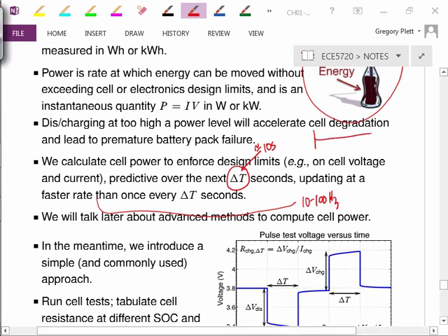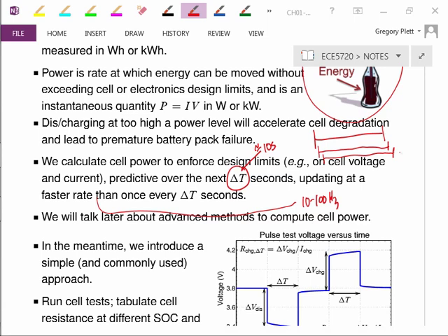So I'm predicting for this long period, and then I'm updating my prediction overlap and so forth. And the idea of updating so quickly is even if my prediction was wrong, I get a chance to correct it before it's actually acted on.